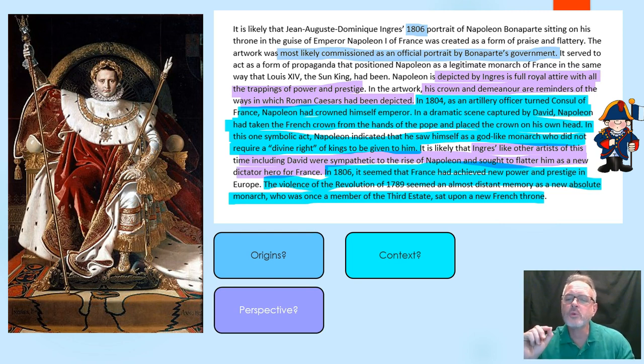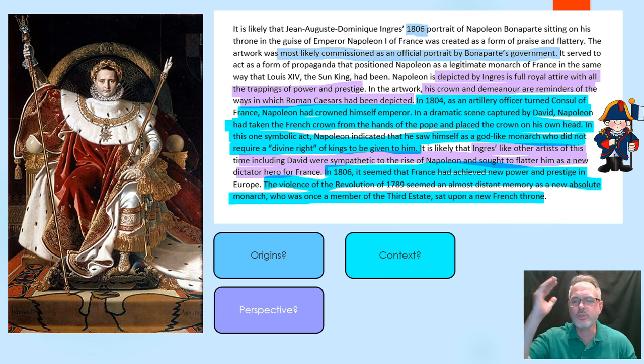In terms of perspective, I think this is an artwork in which Napoleon is very much being praised by Ingres. So, when we're looking at this artwork, I'm talking about how he is being praised. Well, it's the nobility of his look, the royal attire, all the trappings, the gold, the silver, the clothing he wears indicates power and prestige.